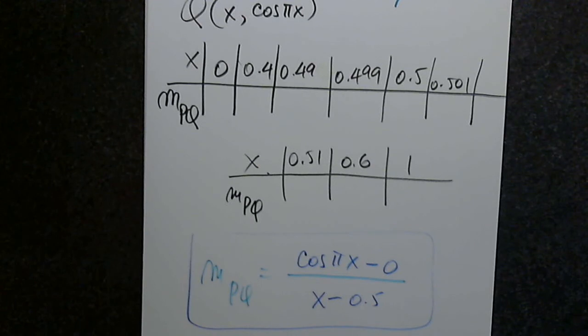I have cosine of pi x, close the parenthesis for inside cosine, close the parenthesis for the outside cosine, and we divide, absolutely in parentheses, x minus 0.5.